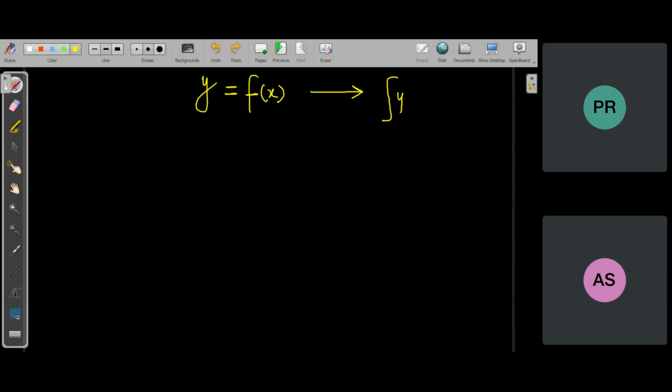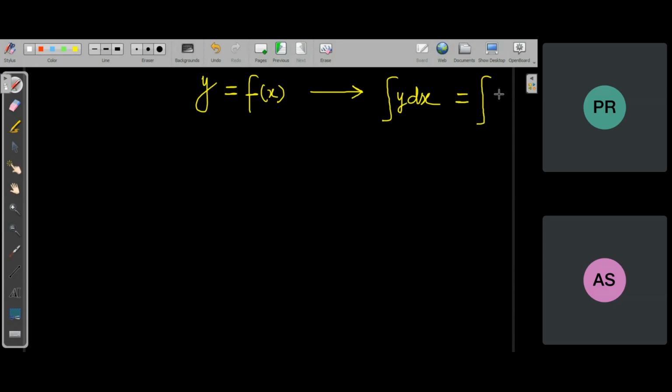Similarly, you also know what dy by dx represents. Tell me, suppose y is a function of x, what does dy by dx represent mathematically, geometrically?